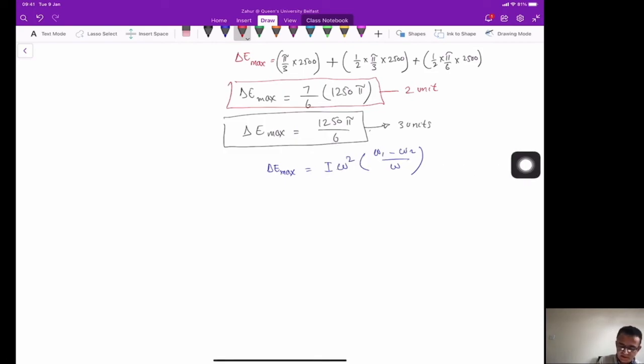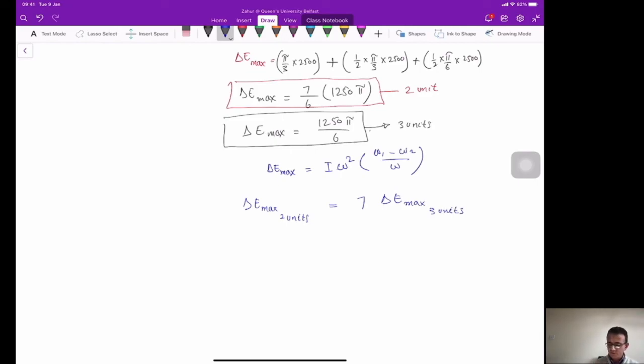So this means that if you call this the delta E maximum for 2 units, it is equal to 7 times the delta E maximum for the 3 units.